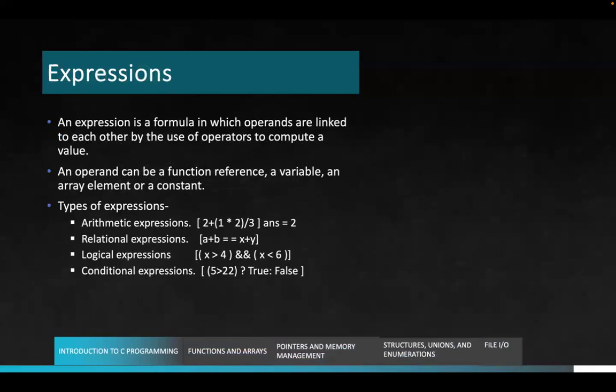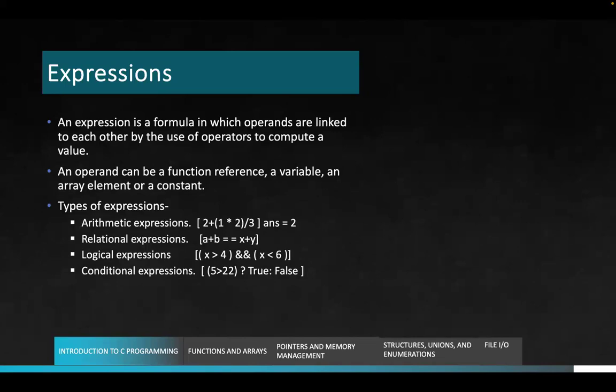Next is expressions. An expression is nothing but a formula in which operands are linked to each other. It can use a bitwise operator or a computational operator as well. The operand can be a function reference, a variable, an array or a constant. It can be anything.